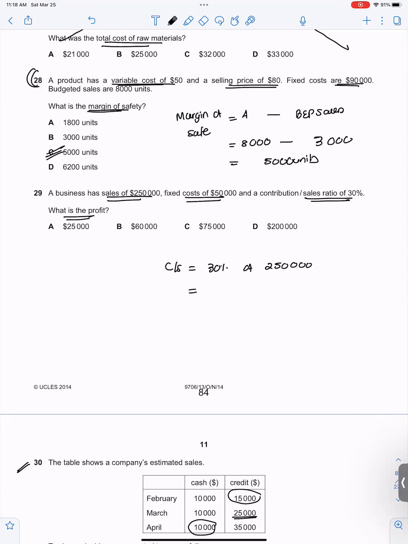Contribution will be 250,000 into 30%, which is 75,000. Then to find the profit, contribution is 75,000 and fixed cost is 50,000. So 75,000 minus 50,000 will give you 25,000. So option A.